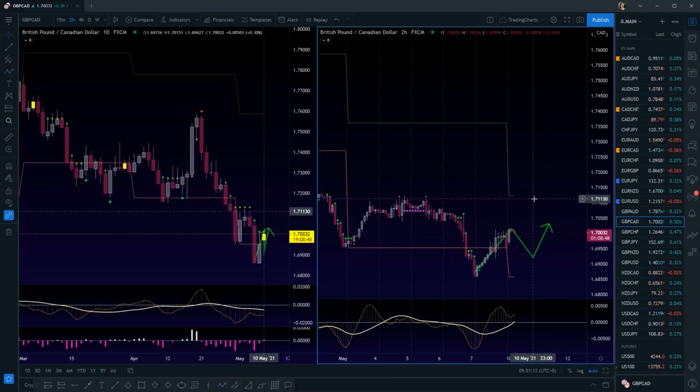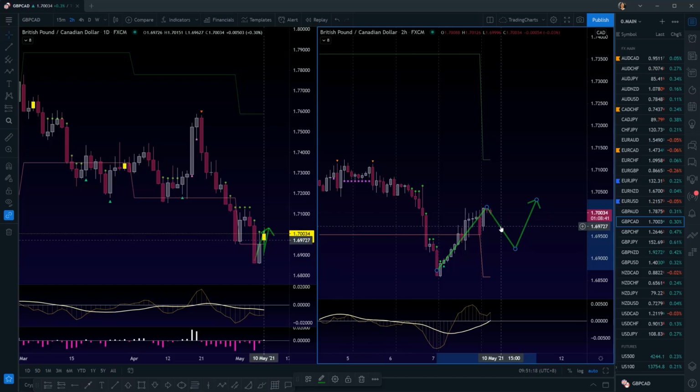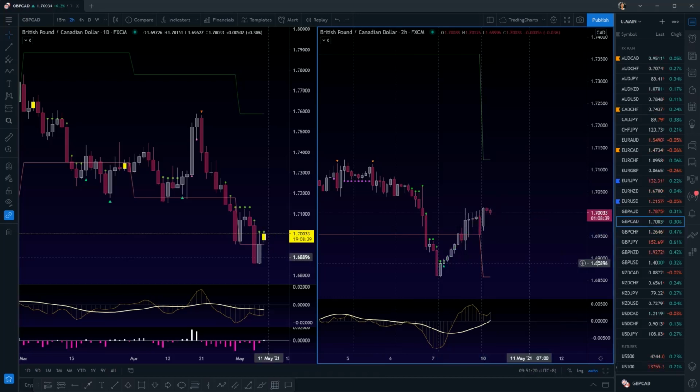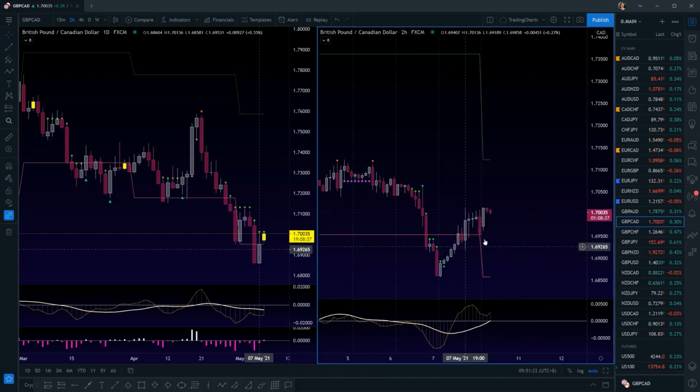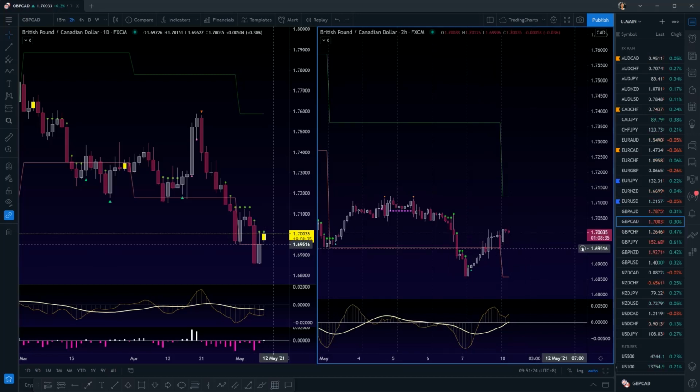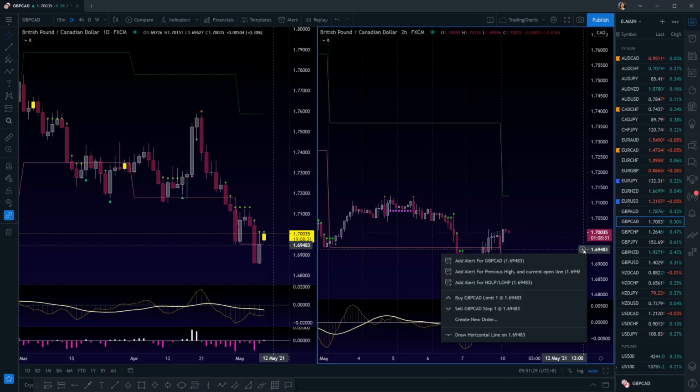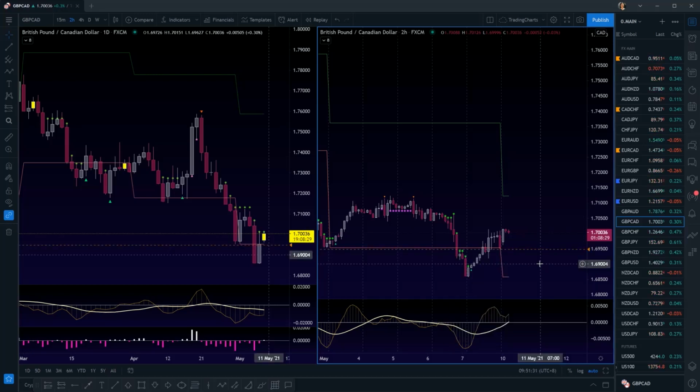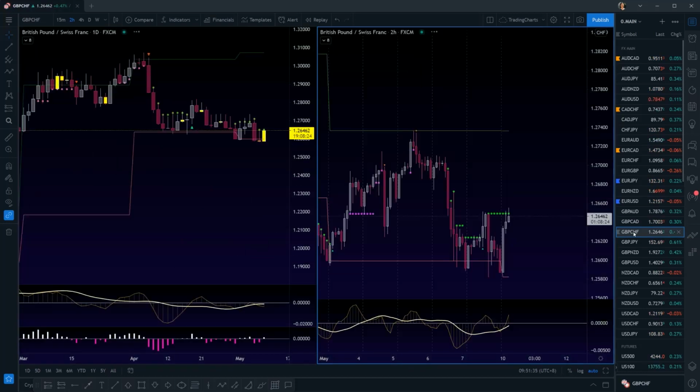But I don't know. I don't quite like this price action anyway, so I'll probably skip this. Well, I tell you what, let's set an alert and see if we can come back down here, and then we'll think about it when it triggers. Otherwise, let's just move on to the next one.